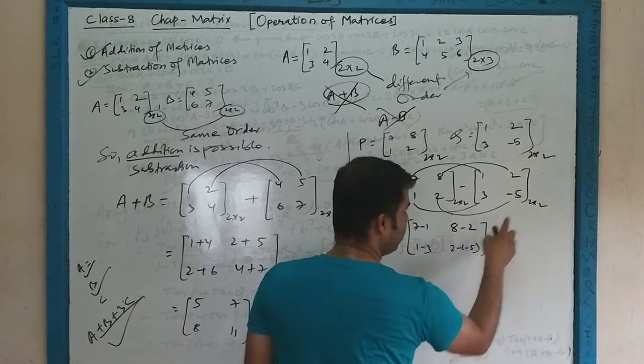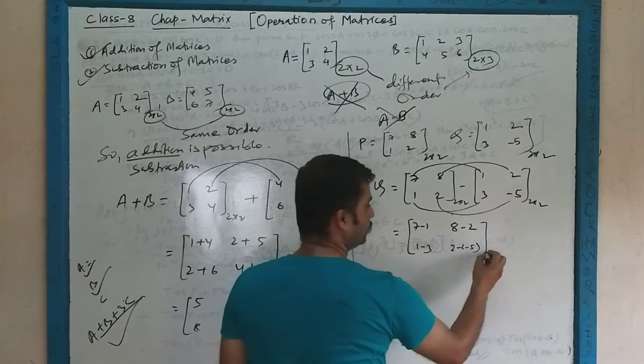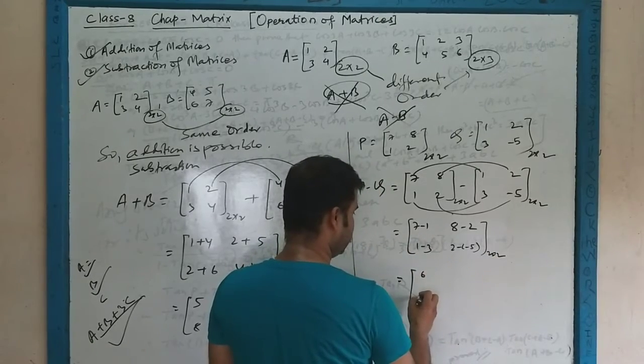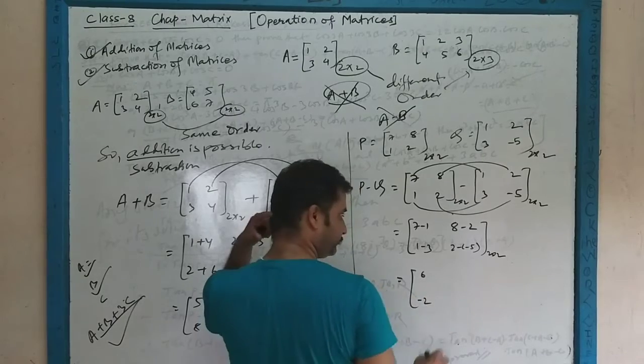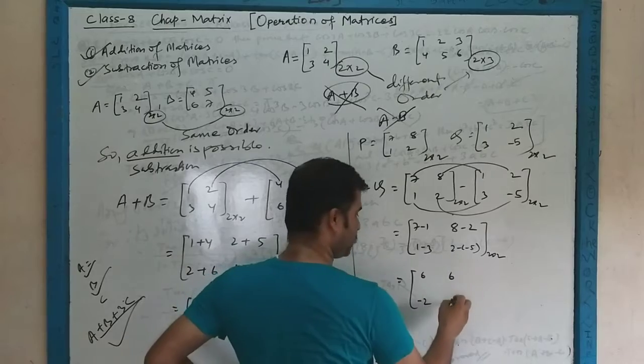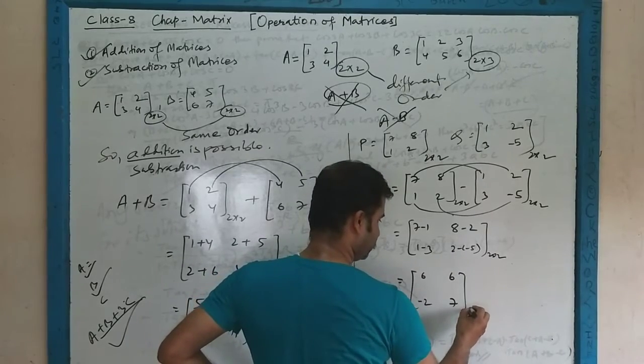Here is a minus sign, so I kept it in brackets. It's 2 by 2, so finally you get the answer, that is 6, 6, minus 2, and minus minus is plus, so it's 7. So, right.